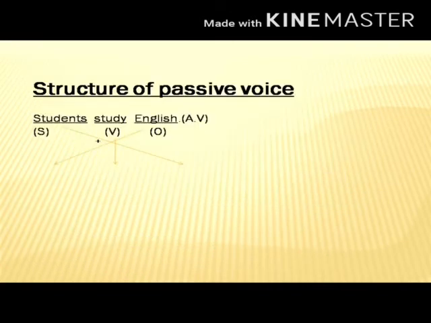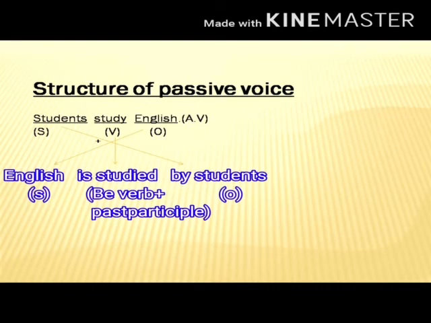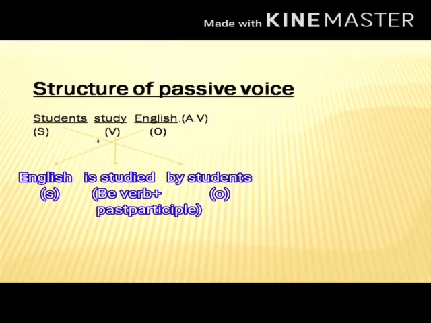Let's see the structure of passive voice through one example. Look at the active voice sentence, students study English. Here, students is the subject, study is the verb, English is object. While converting it into passive, the object English of active voice sentence will become as the subject of passive voice sentence.